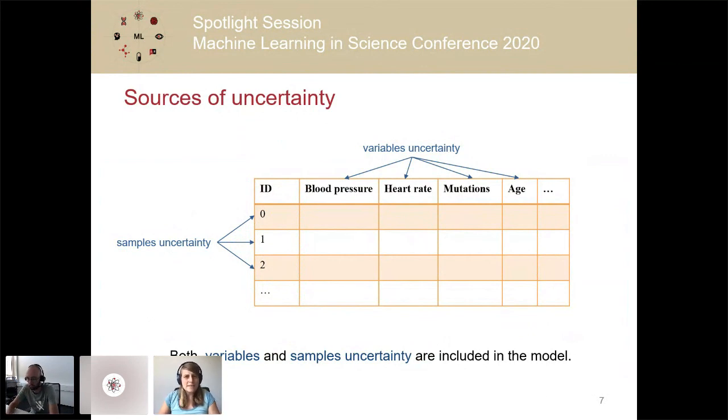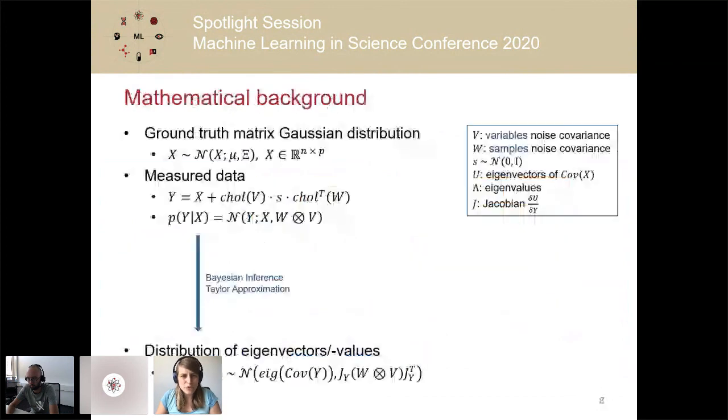On the next slide, I want to introduce a little bit of the mathematical background. So we assume that there exists a ground truth matrix Gaussian distribution over our input. Unfortunately, we don't have access to this distribution. We only have access to a measured version of it, which includes the variables and the samples noise, which I just explained before.